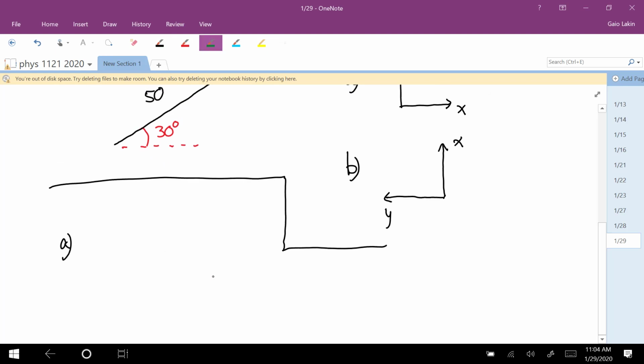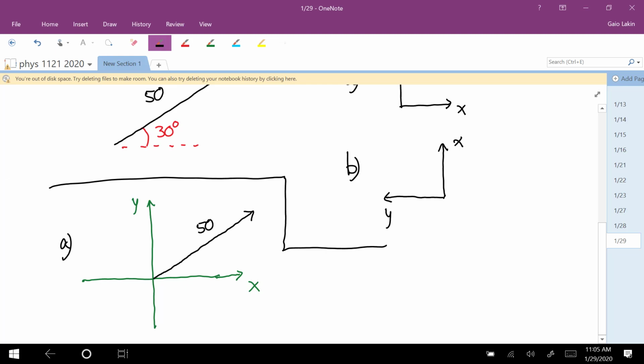Okay, so first put down the coordinate system that you have. So this is the one for part A. And then put the vector down without rotating. So you're never adjusting the vector. The vector is the direction it is. And I'm going to put the tail at the origin of the coordinate system. So we have a length of 50.